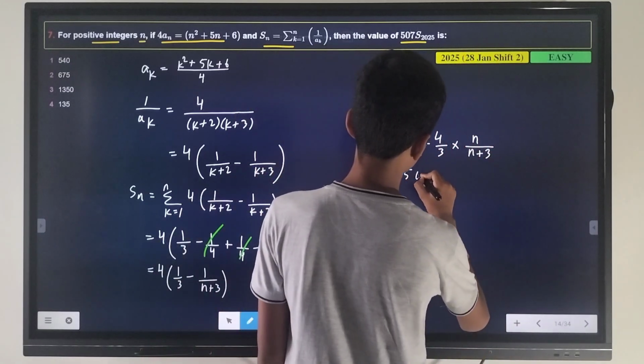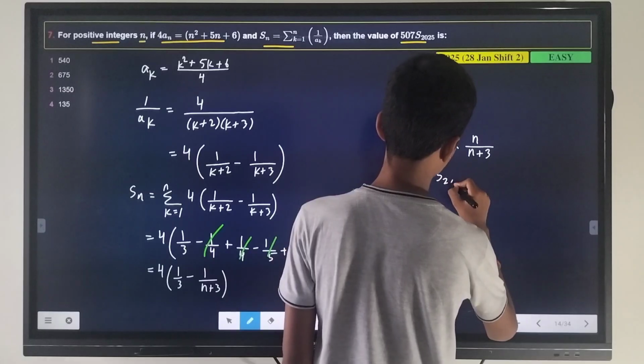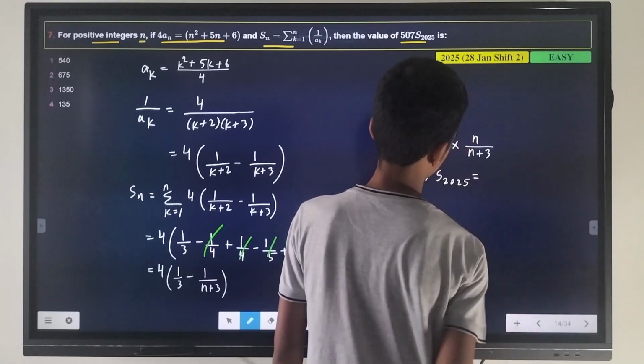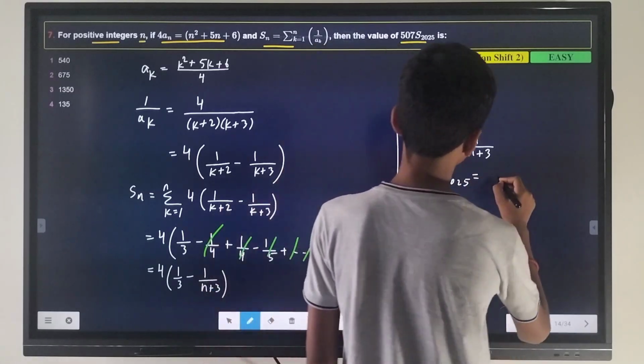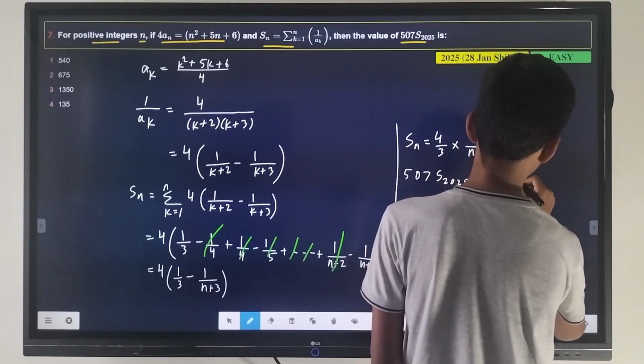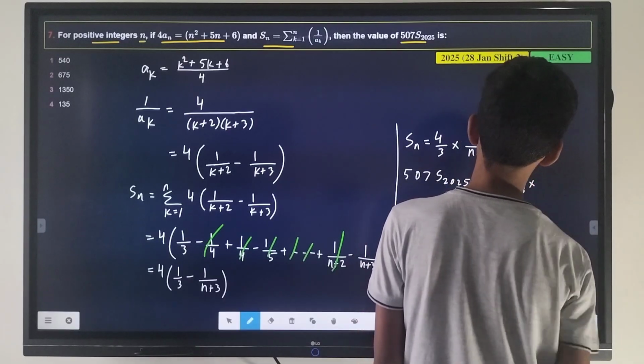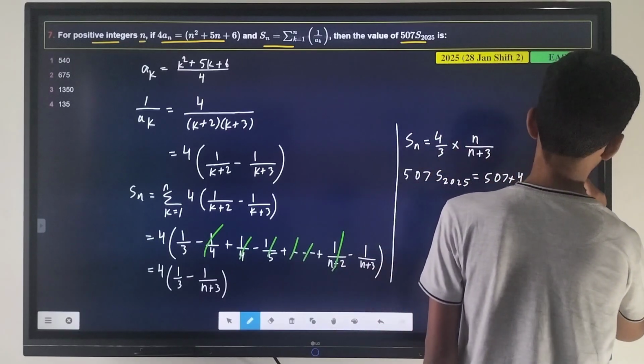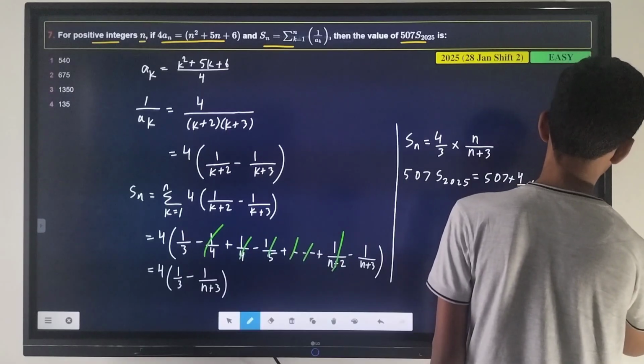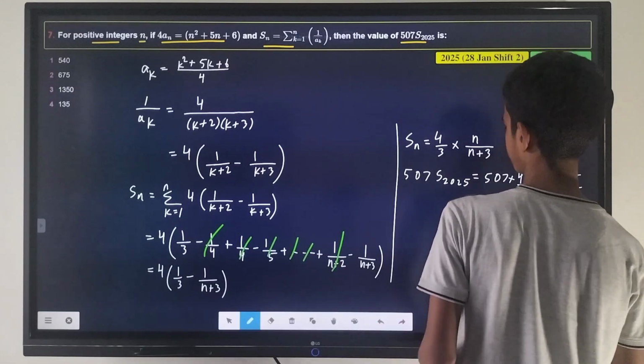Now 507 into S 2025 is equal to 507 into 4 upon 3 into 2025 upon 2028.